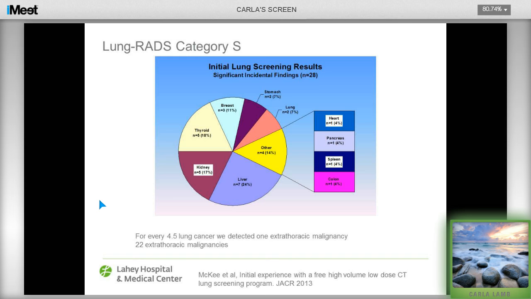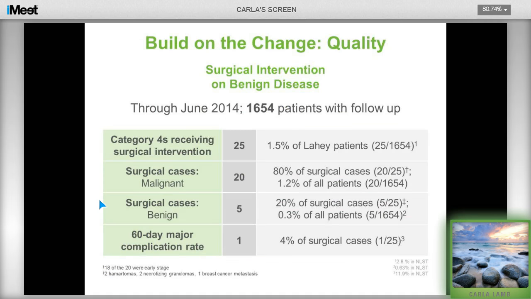There's research ongoing now identifying that patients with a certain coronary calcification finding on lung screening are in the highest echelon for an anticipated cardiac event. We're working with cardiology on that.